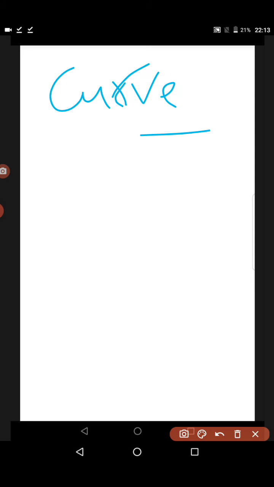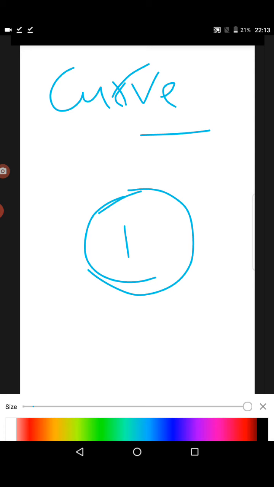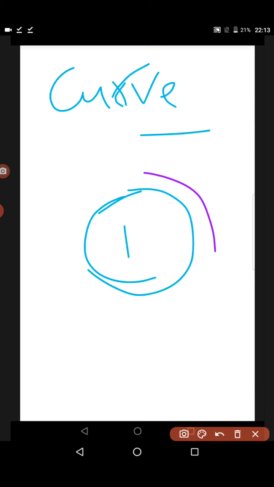Taking a coin, some coin, like a 1 rupee coin. When we take the curved edge of it and draw along it, that is a curve. Taking the curved edge of that coin and drawing is the curve.